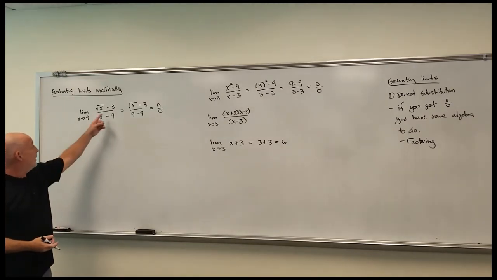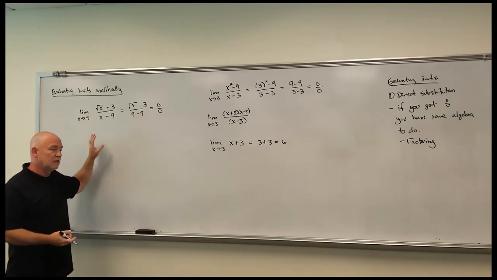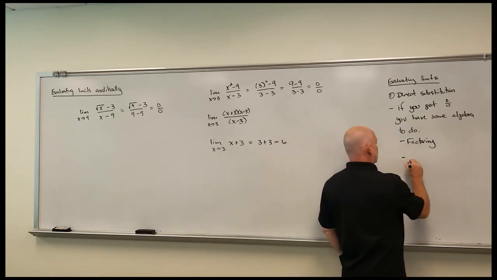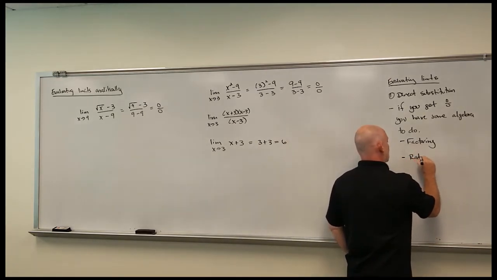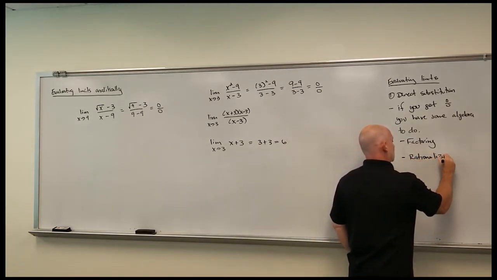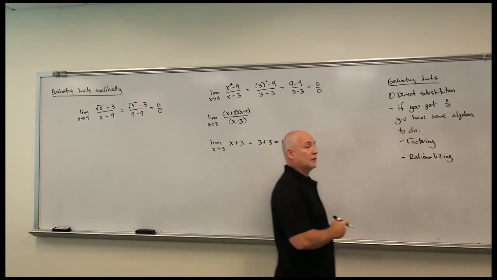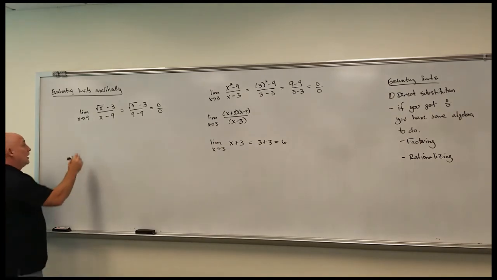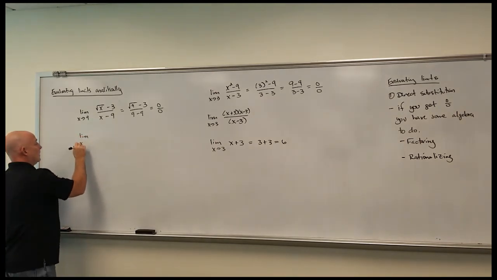Now in this case, technically we can factor this, but generally when we see radicals involved, one of the things we're going to want to look for is rationalizing. Now in the past we've seen we generally rationalize the denominator, but here we're actually going to rationalize the numerator.